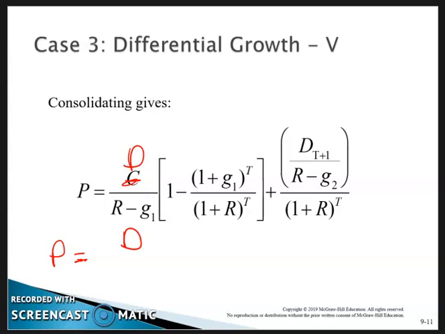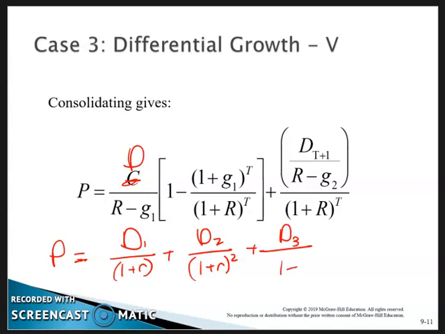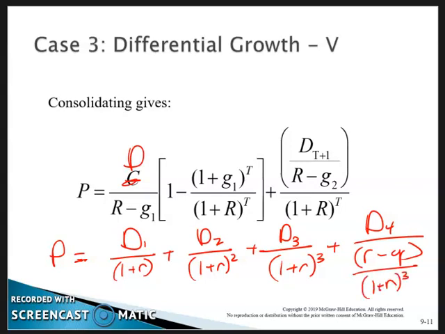So D1 divided by 1 plus r, I use lowercase r, plus D2 divided by 1 plus r squared, plus D3 divided by 1 plus r cubed, plus, in this case, we'll do D4 divided by R minus G, divided by 1 plus r cubed.